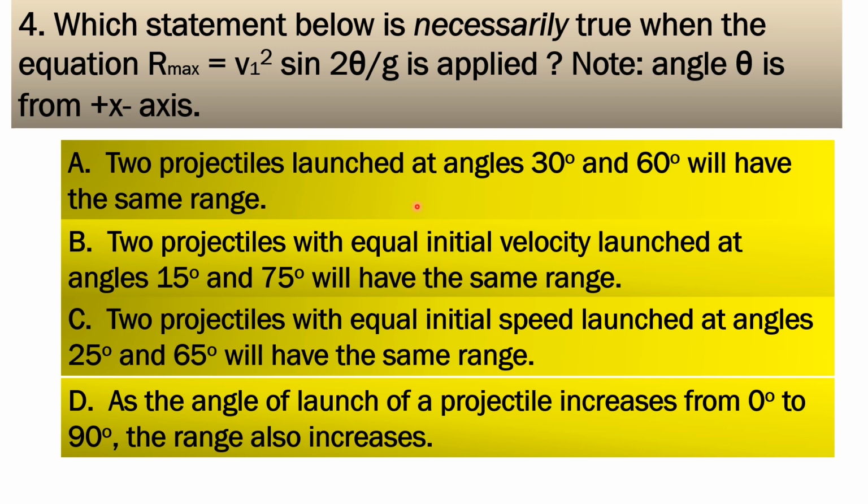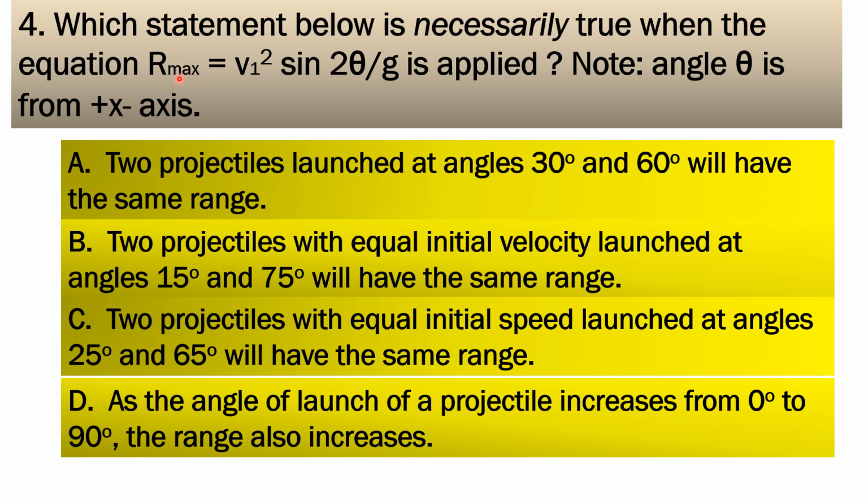All right, this is our last conceptual question. Which statement below is necessarily true or correct when the equation R max equals v initial squared sine 2 theta over g is applied? This was already presented earlier.